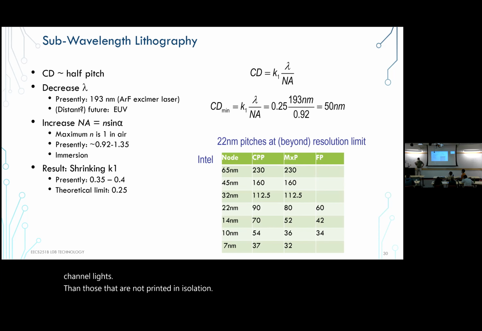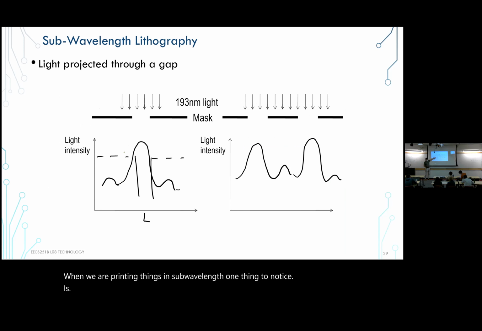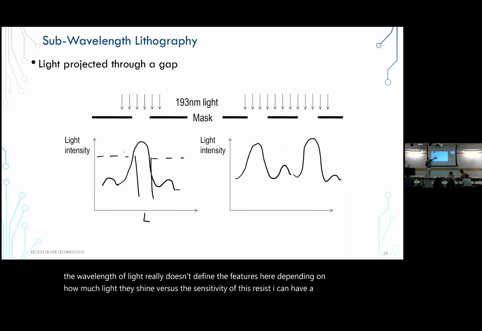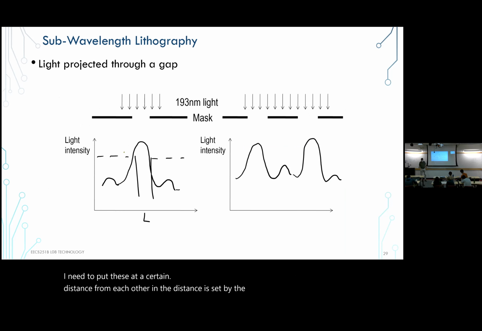When we are printing things in sub-wavelength, one thing to notice is that the wavelength of light doesn't define the features here. Depending on how much light I shine versus the sensitivity of the resist, I can have a thicker line or thinner, right? But it defines the pitch, because I need to put these at a certain distance from each other, and that distance is set by the wavelength of light, nothing else.